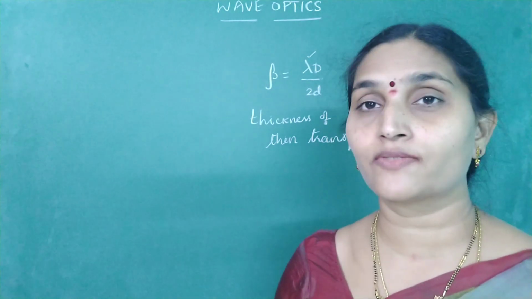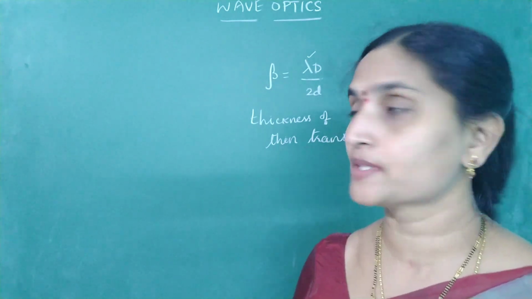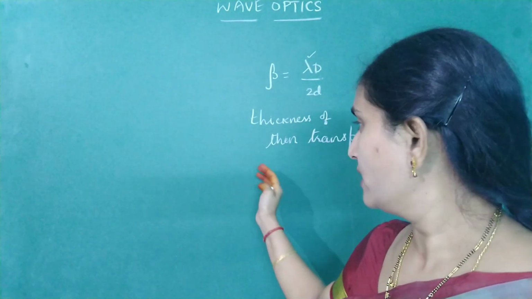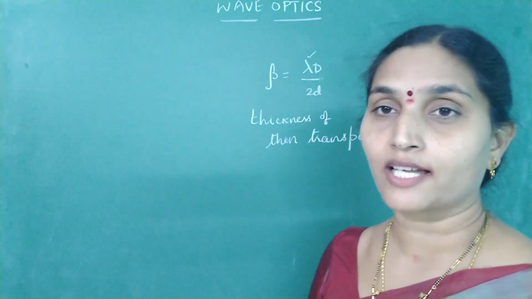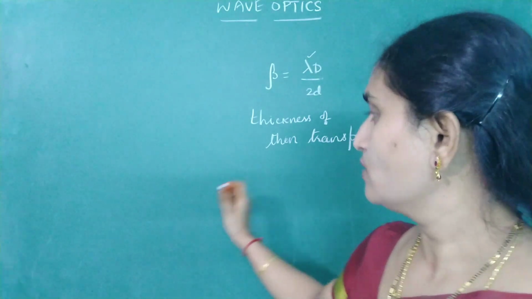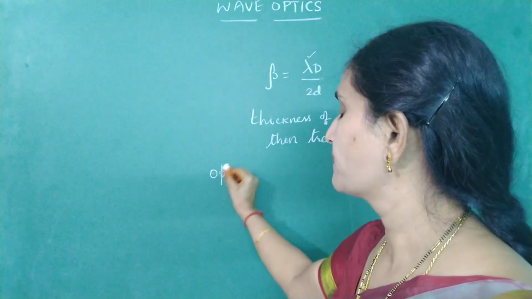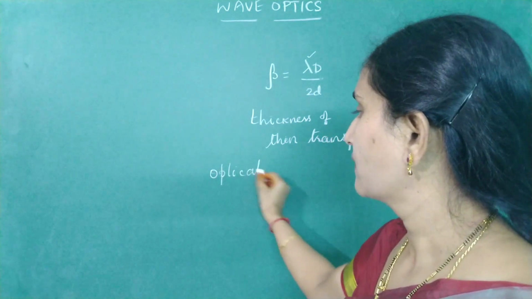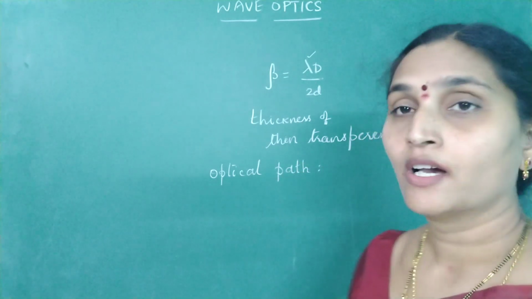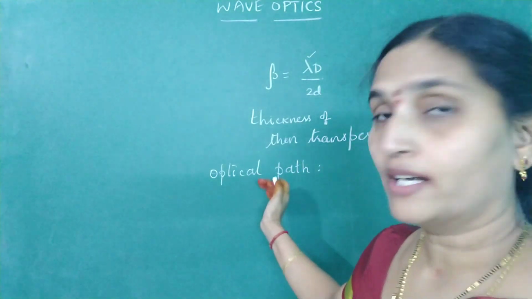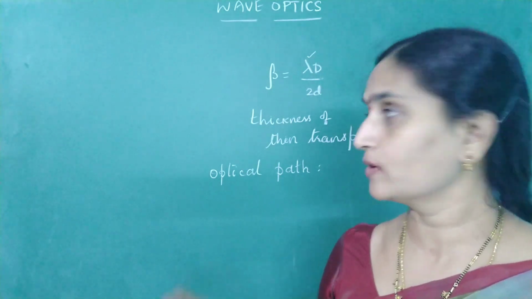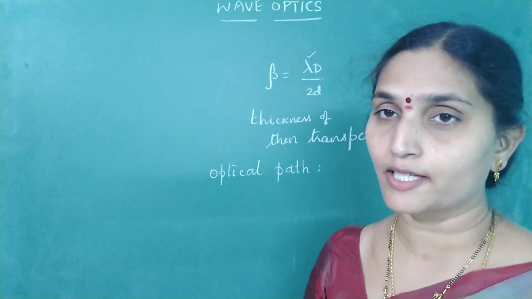To find its thickness without damaging this transparent film, we can make use of this Young's double slit experimental arrangement. To understand how we determine the thickness or refractive index of transparent films, we need to understand a term called optical path. First we will try to understand the meaning of optical path, and after that I'll tell you how we determine the thickness of thin transparent films by making use of this Young's double slit experimental arrangement.